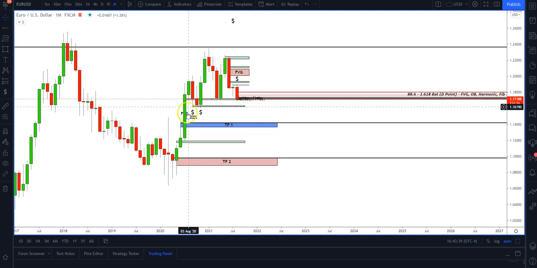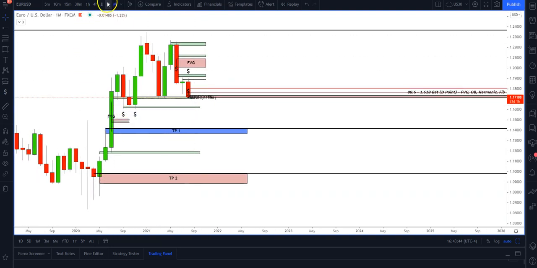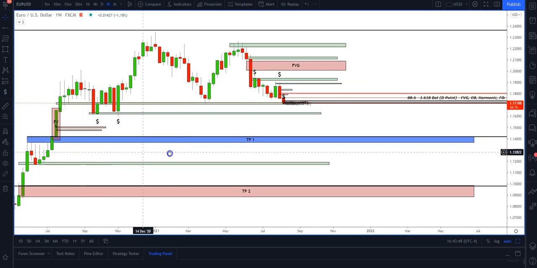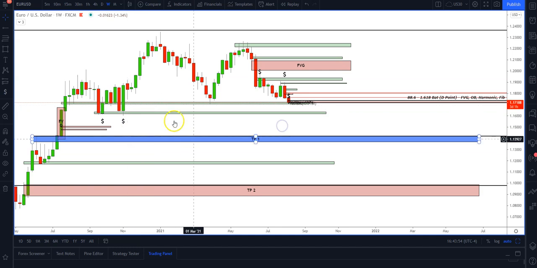For these zones, we have fair value gap sitting in here. Let me go to the weekly because it's better to see it. Fair value gap sitting in here, and fair value gap in here. We have an order block right here. So what I'm seeing is it's going to come down, snatch the liquidity here, and close in this fair value gap, right?